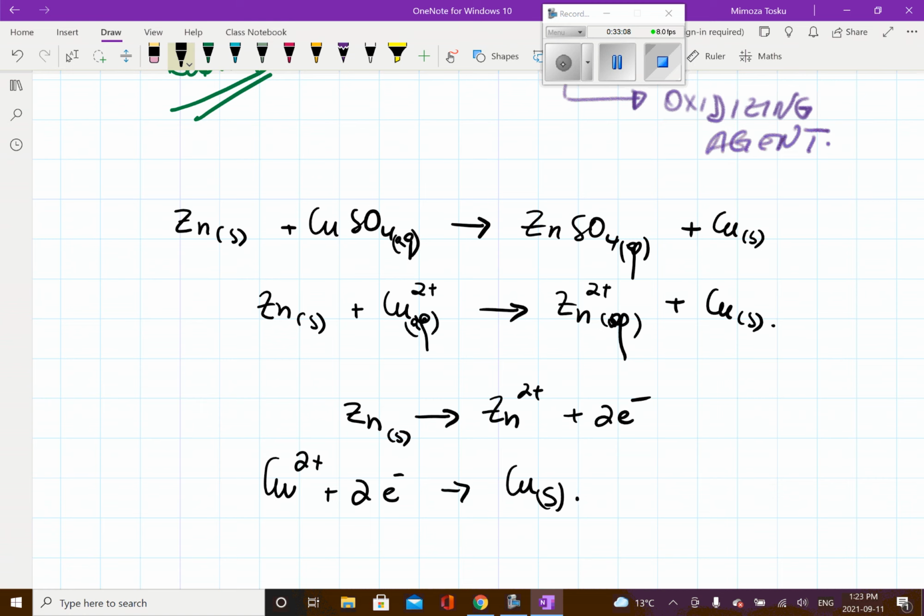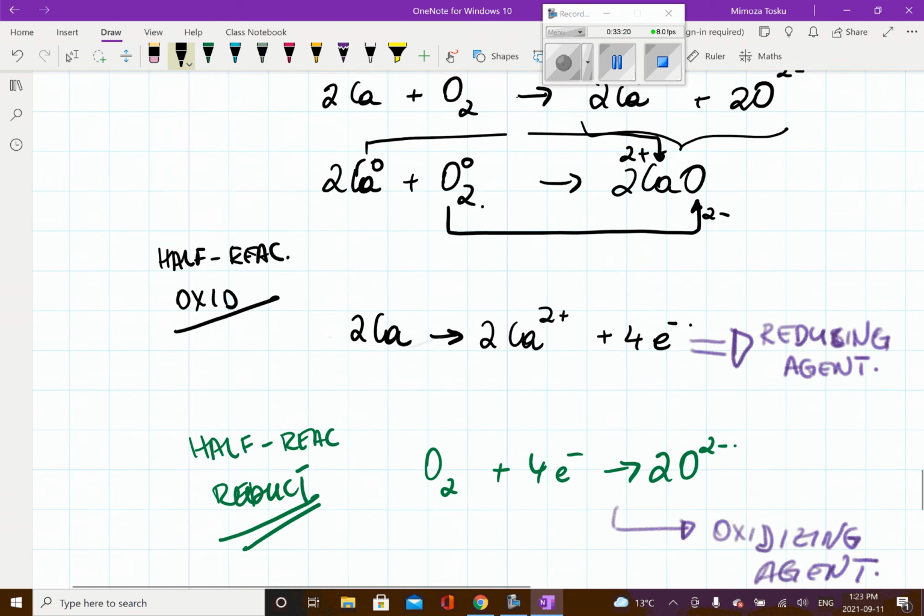A very similar process is happening even when copper and silver nitrate are reacting with each other. We will see more examples like this in class, but for this lesson, what we have to keep in mind are some key points.